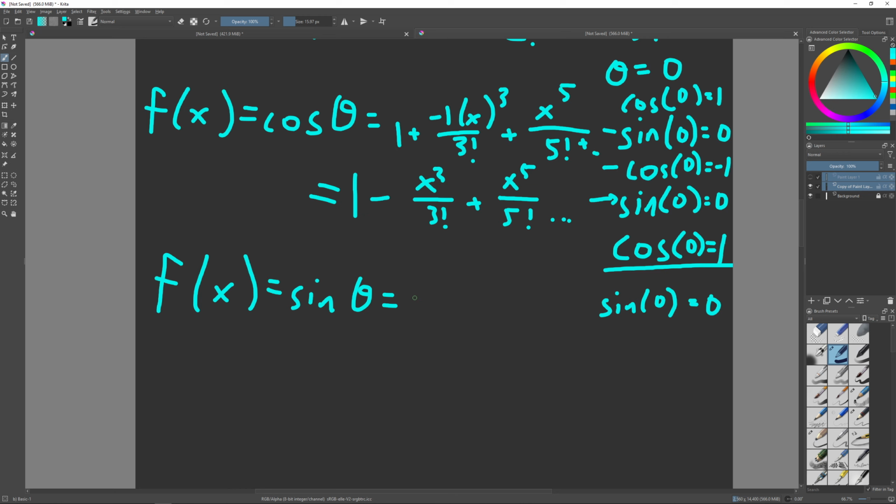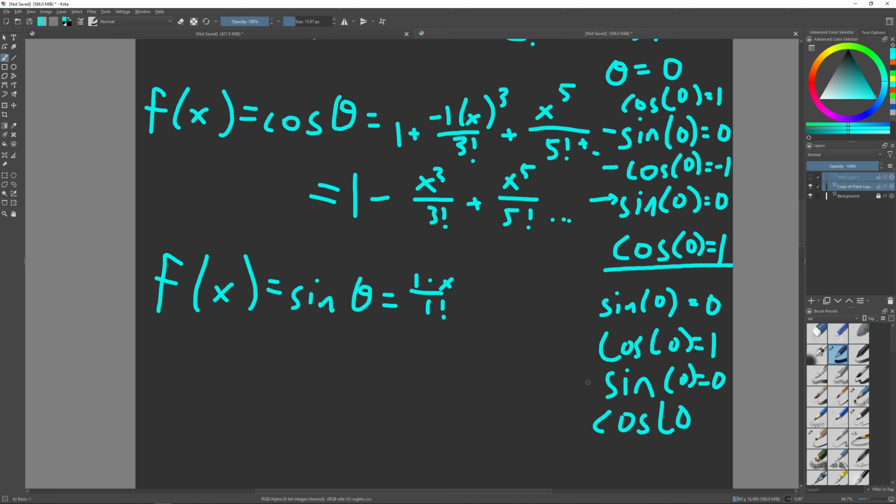So we get 0 for the first term, and then the derivative is going to be cosine of 0, which is 1. That's going to be 1 times x over 1 factorial. Then we take the next derivative, which is again going to be 0, so that next term will not be around.